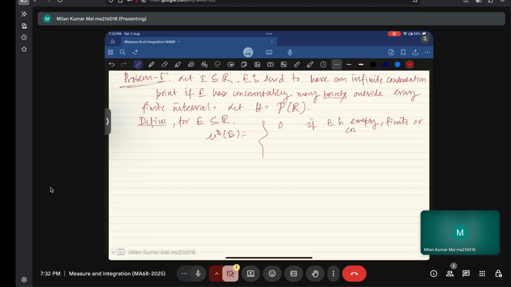The main point is the discrete sets. That means this can be integers, rational numbers, or any finite set.